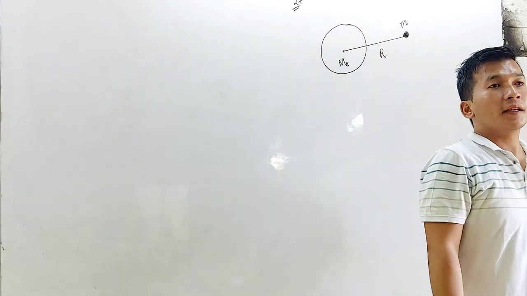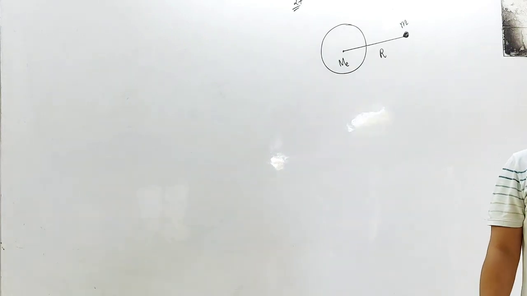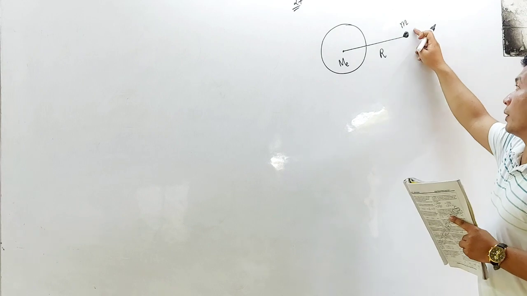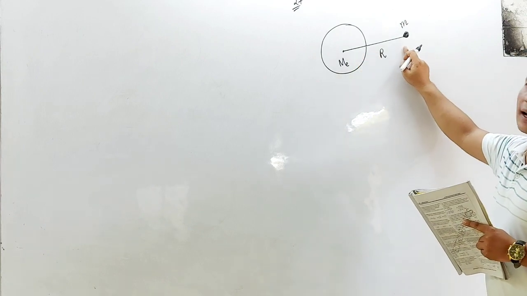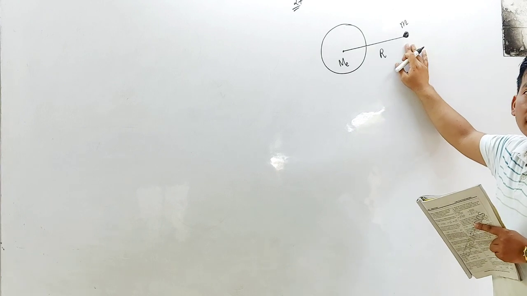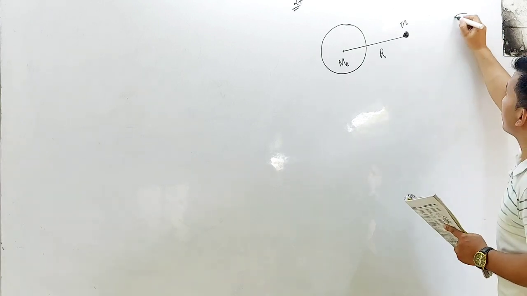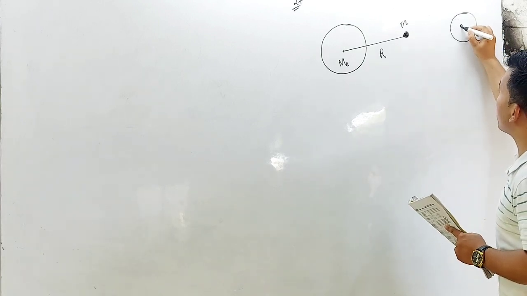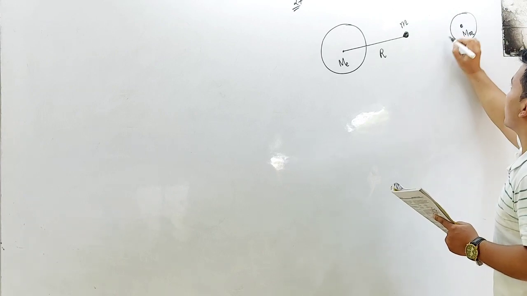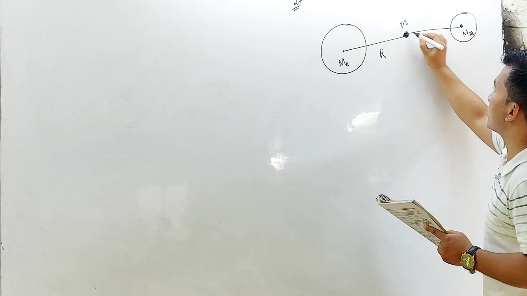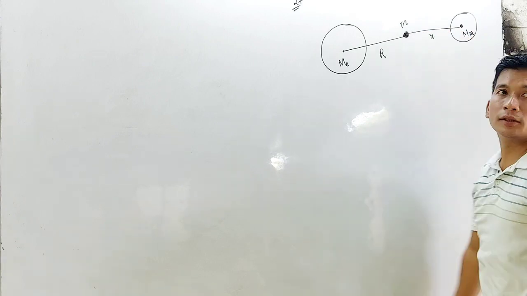This is the effective distance of any mass small m from the core. From the core it is capital R. See the moon: we have the mass of the moon as capital M, small m is on the point, and the effective distance is small r.